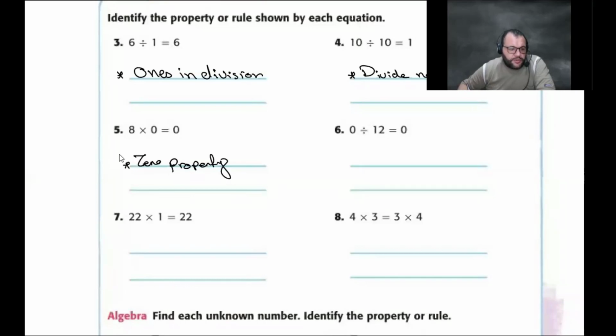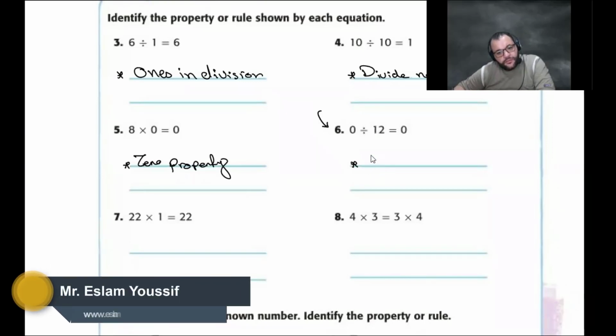So Ahmed Raza, question number 6. This is 0 divided by 12 equaling 0. What is the name of this property? This is zero in division.